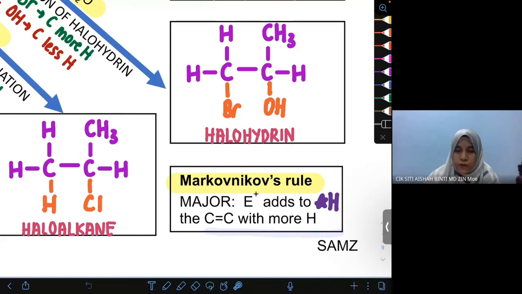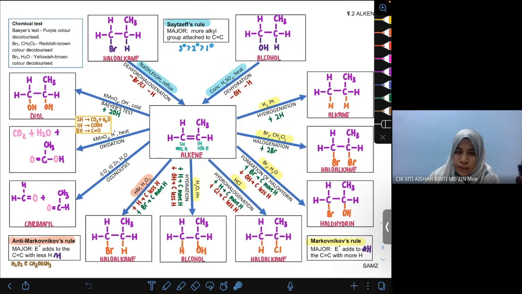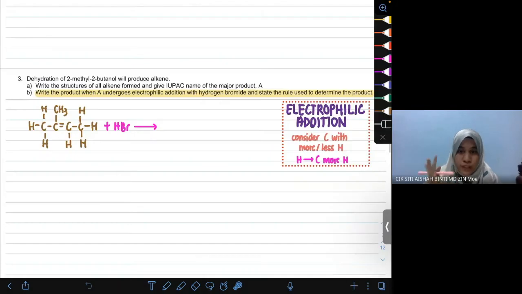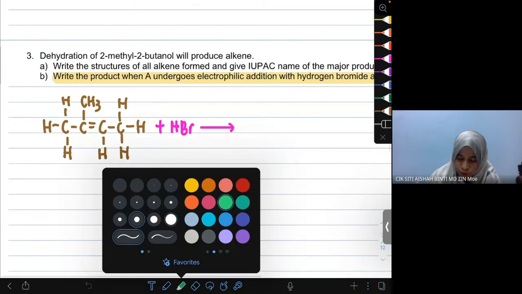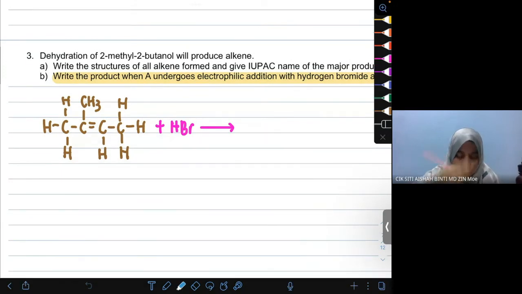Okay. So sebab itulah for the electrophilic addition, the most important part, besides we have to know which atom is added, we have to consider which carbon has more or less hydrogen. Where the hydrogen will be added to the one with more hydrogen. Okay, so macam mana nak tengok? Kita kena fokuskan to the one with the carbon-carbon double bond kita lah.